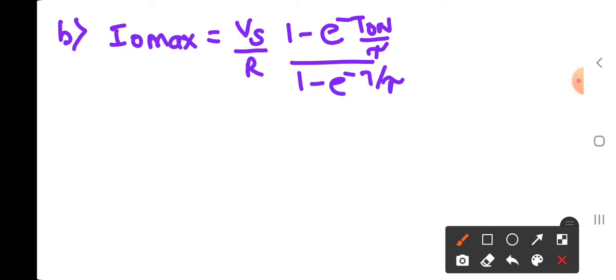Whatever value you calculate now must be more than 20, the minimum value. Otherwise, our calculation is wrong.